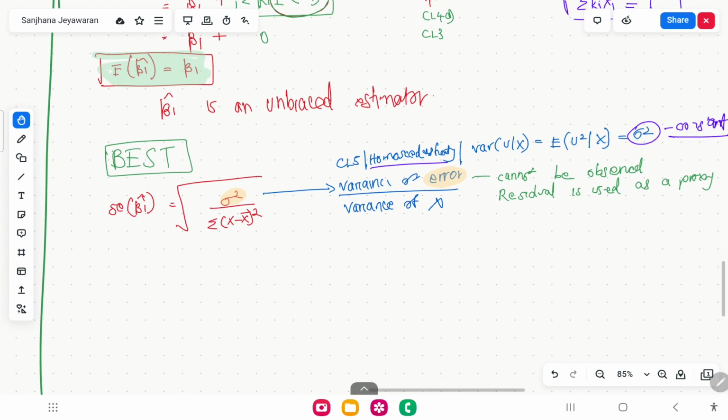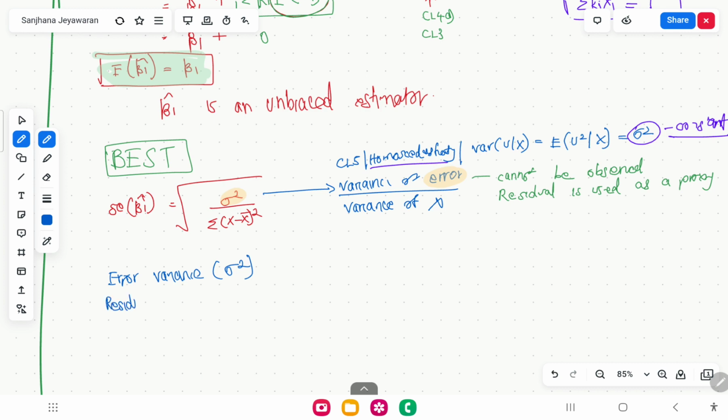Alright guys, so actually the error variance is sigma square. But since errors cannot be observed, we take the residual as a proxy and find the residual variance, which we denote as sigma square with a cap on top of it. This is the estimate for sigma square.